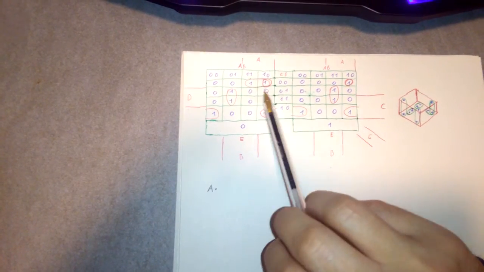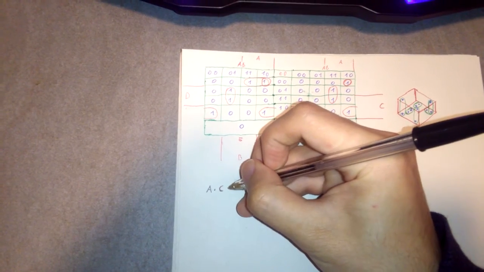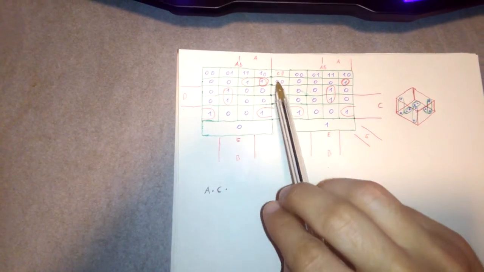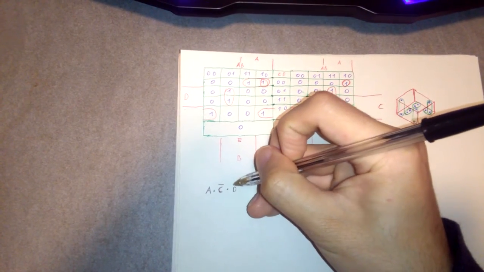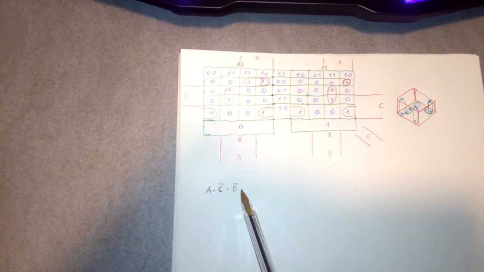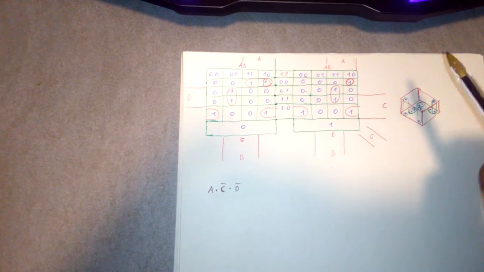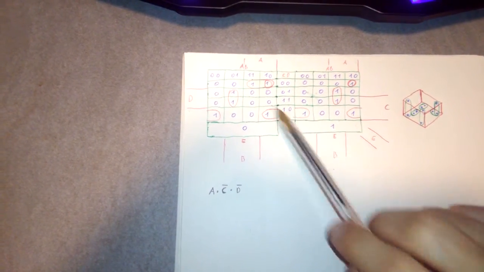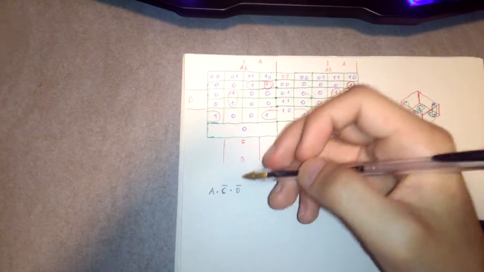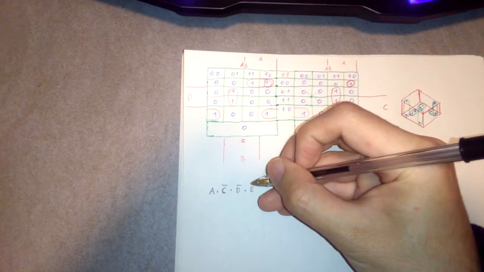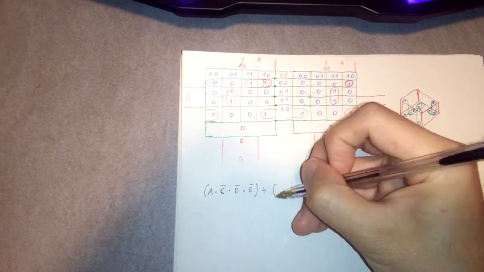It's completely outside of C, so we're going to have C naught. And it's completely outside of D, so we're going to have D naught. So C naught and D naught, because they're falling completely outside. And of course, it's completely outside of E, because E is always 0 here, so times E naught. Plus.